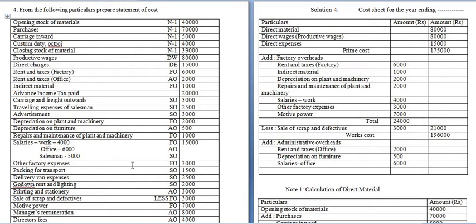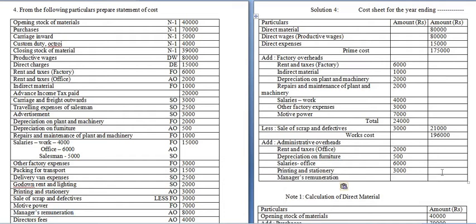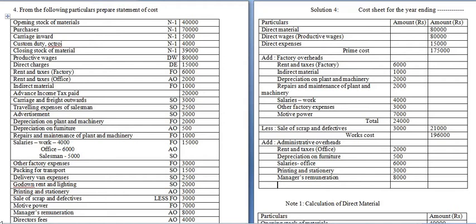Okay, now again where AO they have given all such expenses, we have written AO. Printing and stationery amount is again 3,000. Then here manager's remuneration 8,000, inner column.